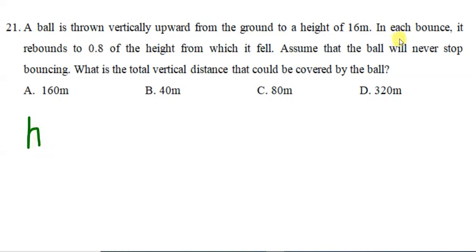Once it returns to the ground, it must hit the ground with a certain speed, and then it rebounds up. If it rebounds up to 0.8, let us call that R, R times the original height from which it drops.